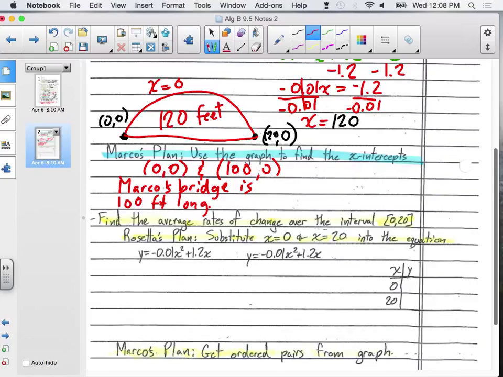So we found the length of Rosetta's bridge and the length of Marco's bridge. Make a comparison between the two. Rosetta's bridge is longer by 20 feet. Okay, so I'm just going to put a box, because this is our comparison statement. Rosetta's bridge is how much longer than Marco's bridge?